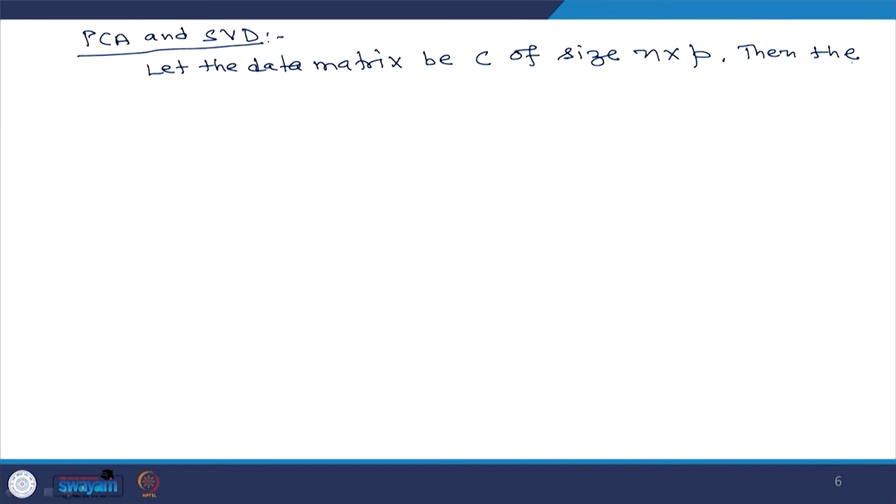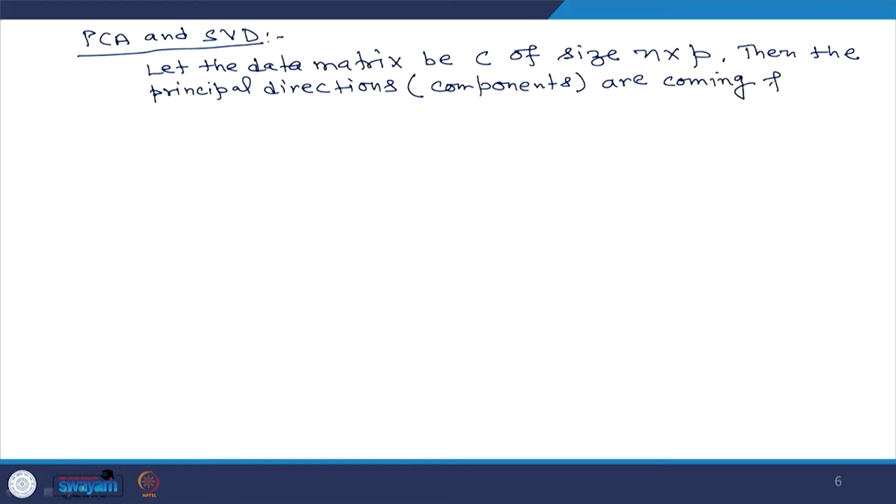Then the principal directions and therefore components are coming from the eigenvectors of the covariance matrix sigma c, that is 1 upon n minus 1.